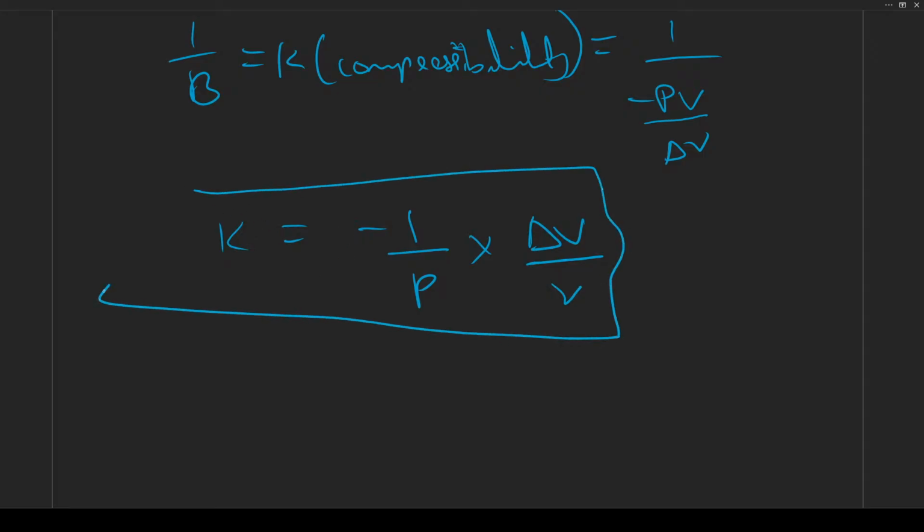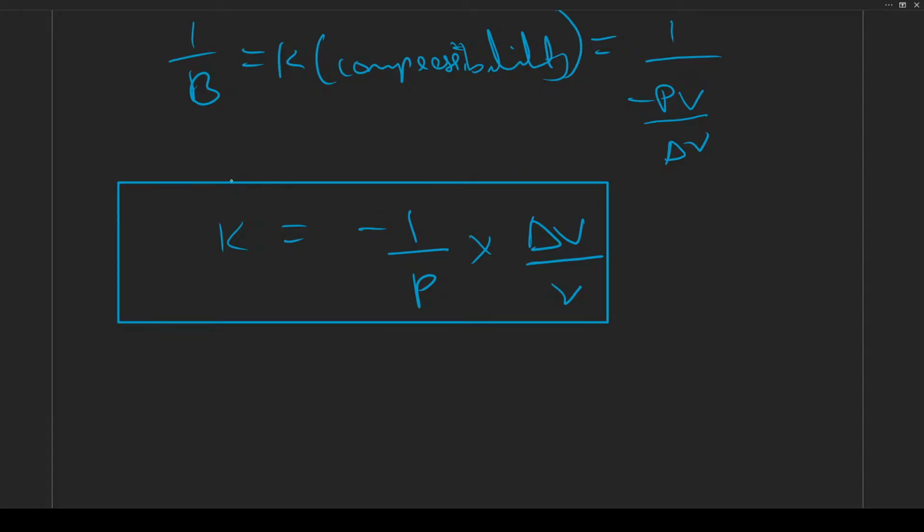The fractional change in volume per unit increase in pressure is called compressibility. Clearly we can see in the formula, K equals 1 by B, which is minus 1 by delta P times delta V by V.